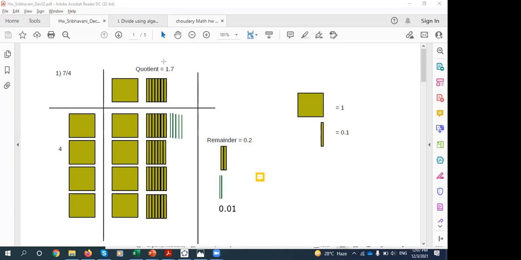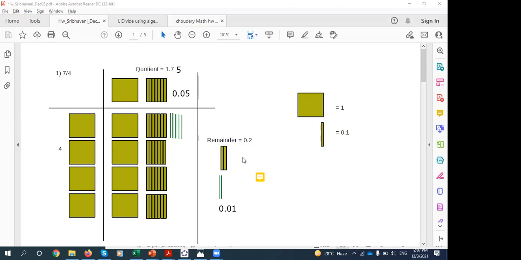And that will add another 0.05 here, and so the quotient will become 1.75. Right. So that part is fine.